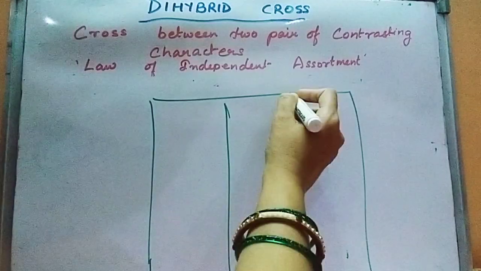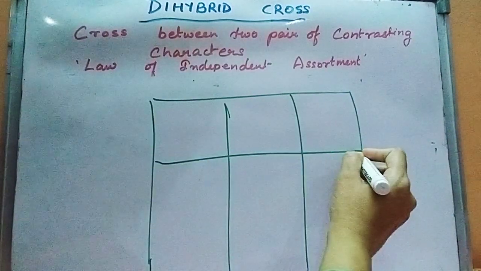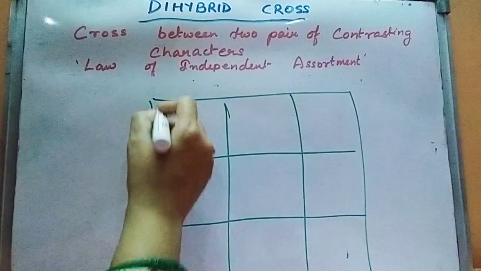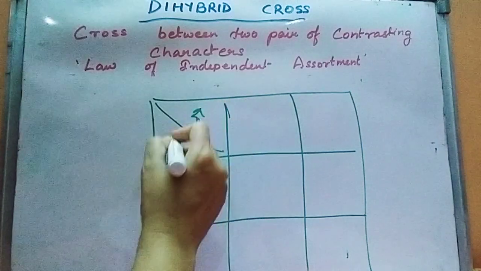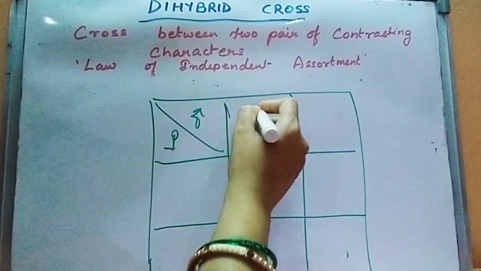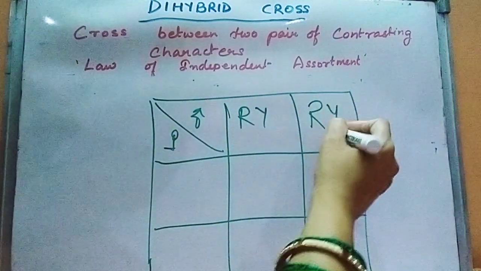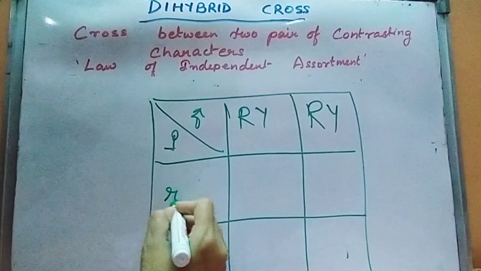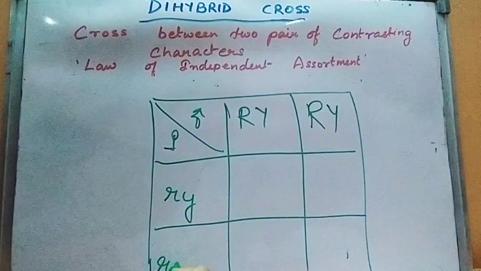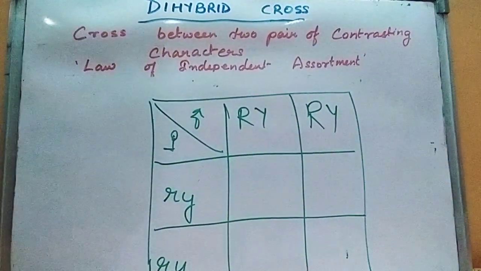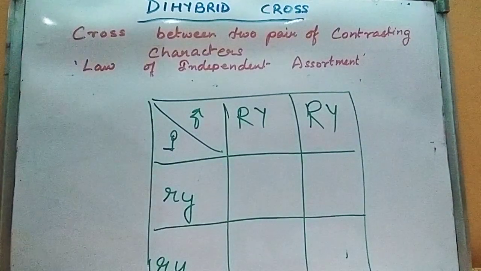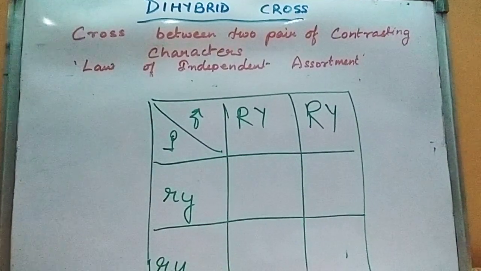In F1, remember we are now doing F1, that is the first filial generation. So gamete small r, small y on one side, and here small r, small y, small r, small y. So how will the cross go? I think it is understood.